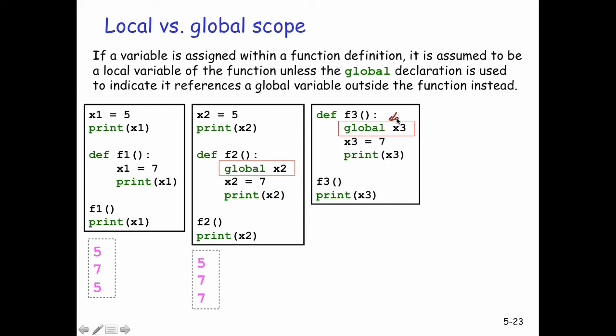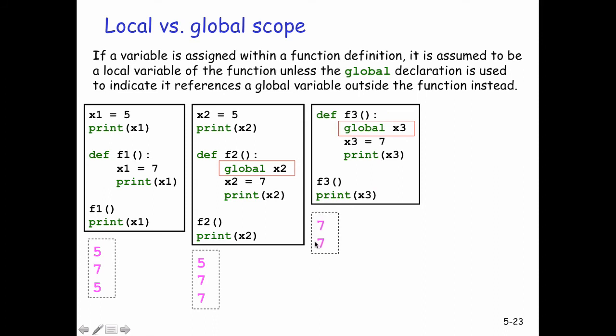Since we declare that x3 is global, when we assign the value 7 to x3, that value is being assigned to a global version of x3. It is not local at all to f3, so that when f3 goes away, there's still a value of x3 that we can print, which is 7. So our first print of x3 is 7, and our second print of x3 is 7.